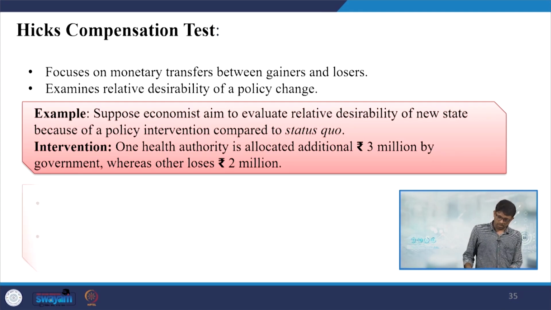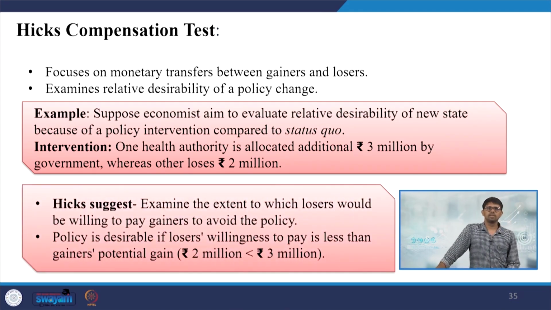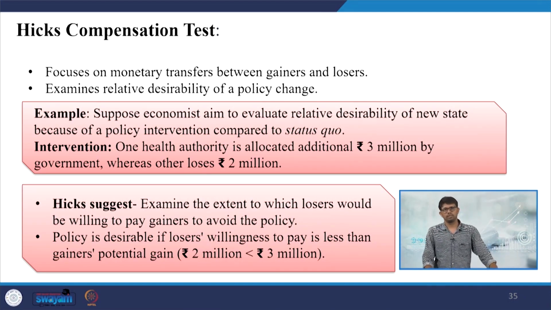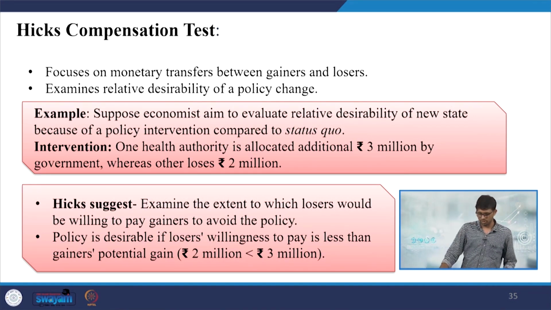So, the best possible way Hicks suggested is to look at the extent to which the losers would be willing to pay gainers to avoid the policy. Since the authority, that is the gainer, is allocated 3 million rupees, the gainer might be in a position to go by the policies of the government where allocation is made.